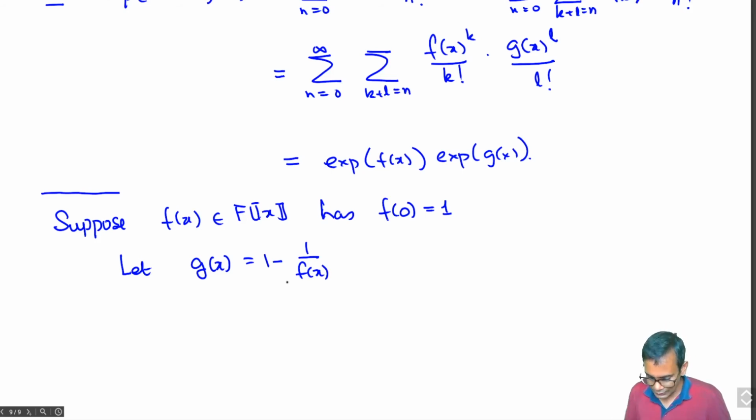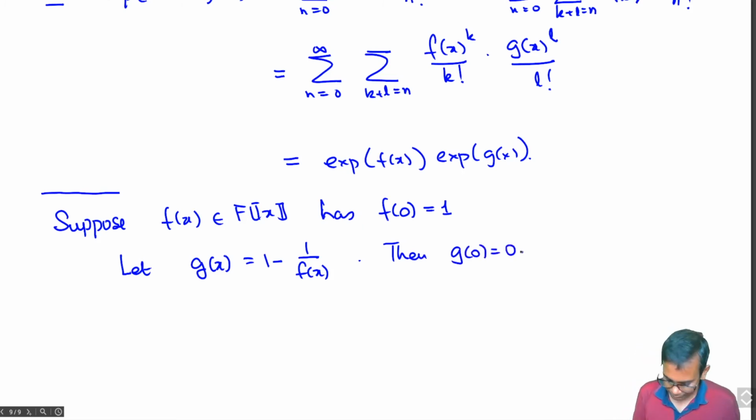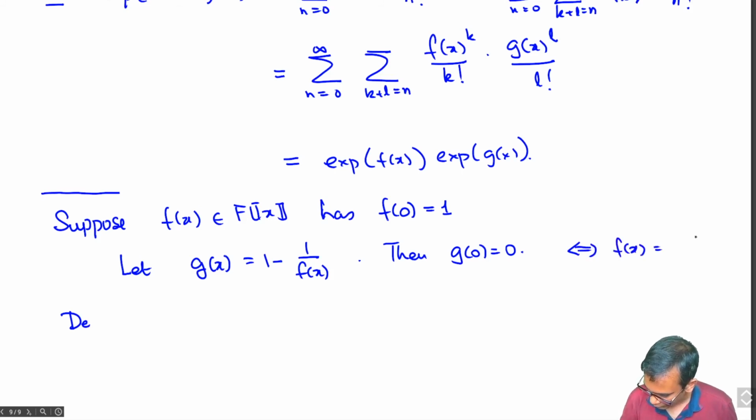And so this g(0) is 0. And so it makes sense to define. This identity is equivalent to saying that f(x) equals 1 over 1 minus g(x). So these two are equivalent, and we have g of 0 equals 0 when I write f(x) in this form.